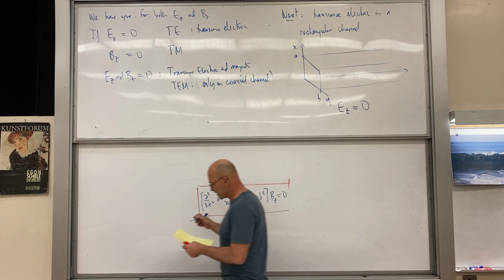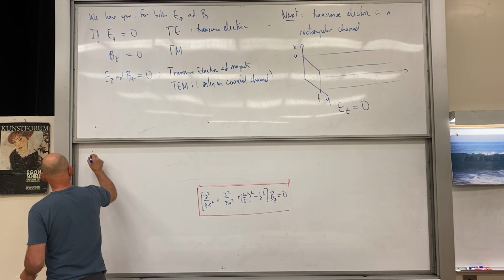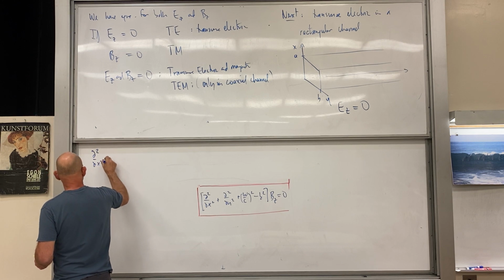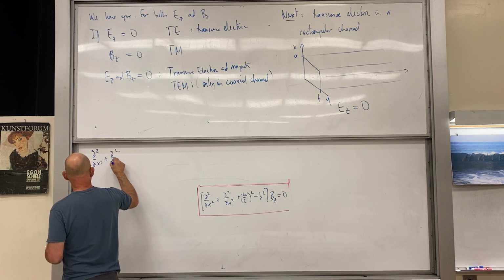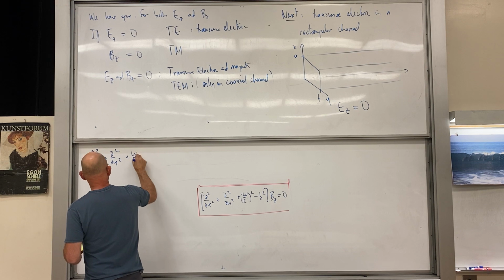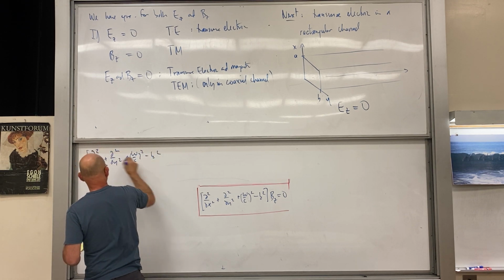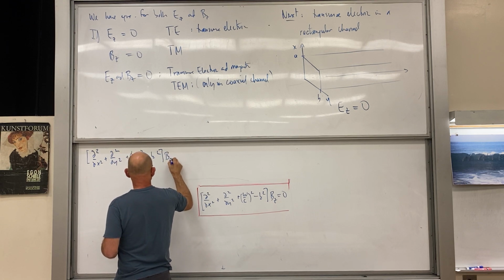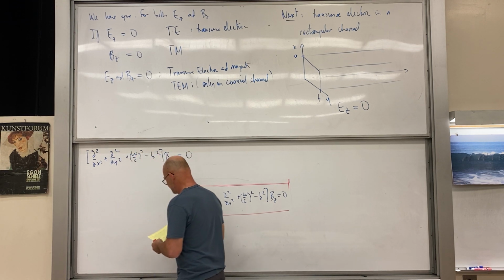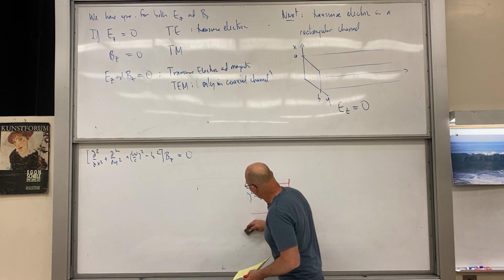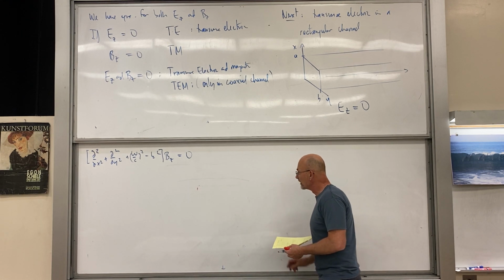And we'll just put this up in the corner and we ought to be able to fit this on one board. (ω/c)² − k² times B_z is equal to 0. So we're going to do the separation of variables.